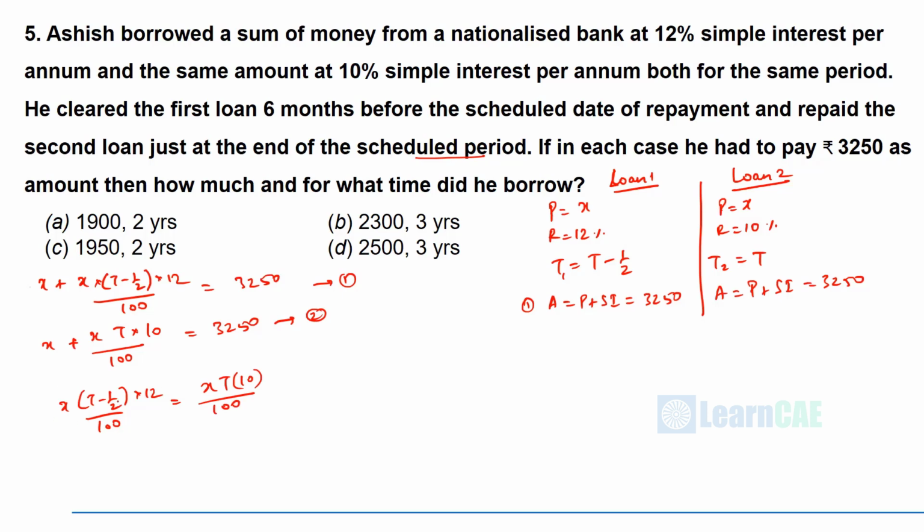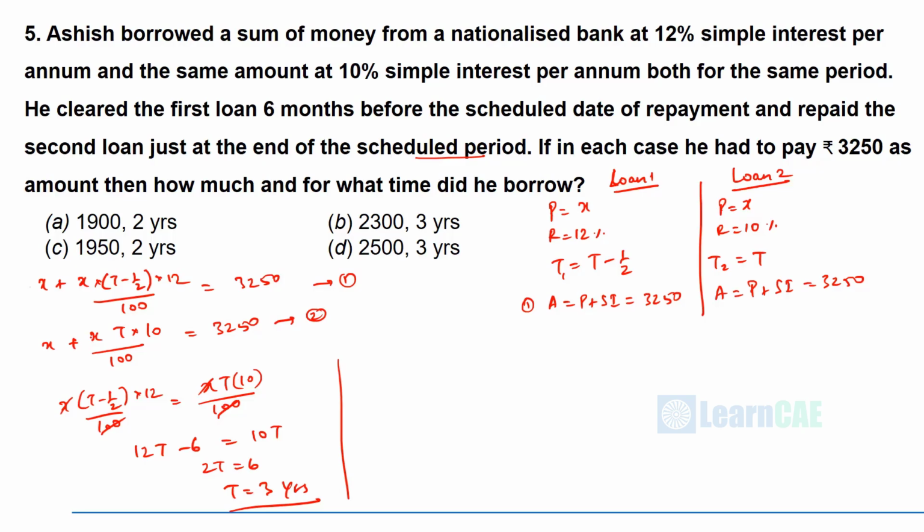Now we can cancel the common terms. x will get cancelled, 100 will get cancelled. Now we can multiply. 12T minus 6 is equal to 10T. So taking T to the left side, 2T is equal to 6, T is equal to 3 years. Now we have got T.